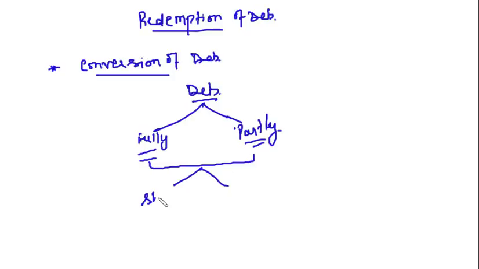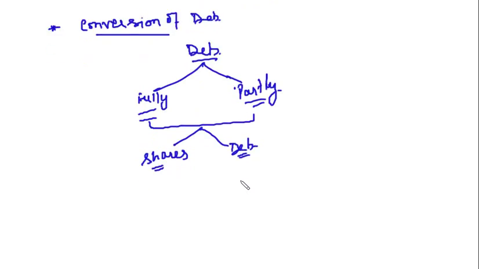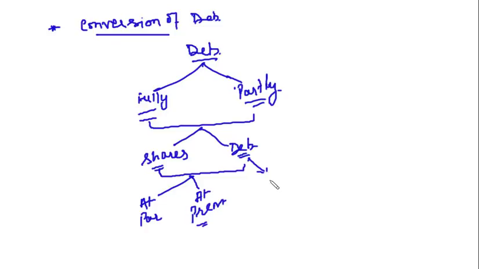These can be converted into shares or debentures, right? Then, talking of shares and debentures, this can be at par or at premium, right? Then debentures alone can be issued at discount also.